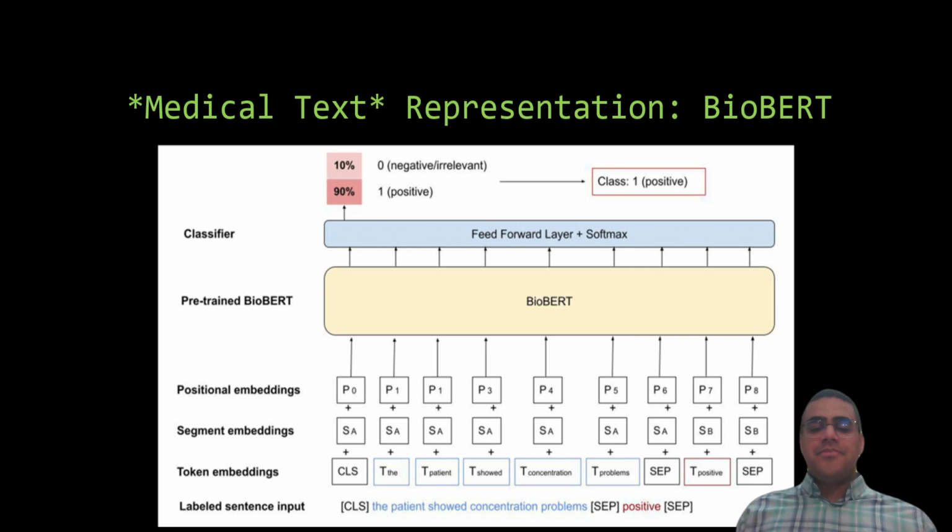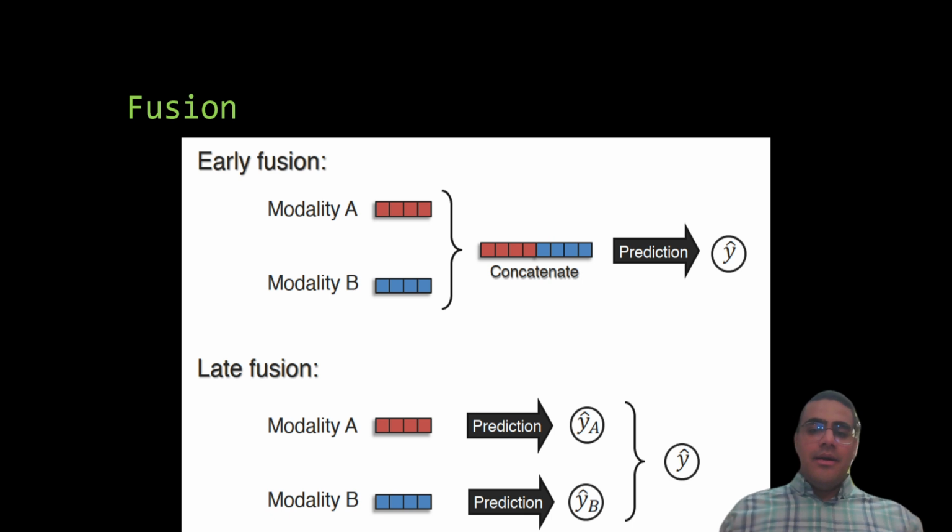For example, for medical text representation, we have a fine-tuned version of BERT called BioBERT, which is trained on large corpuses of biomedical sentences.